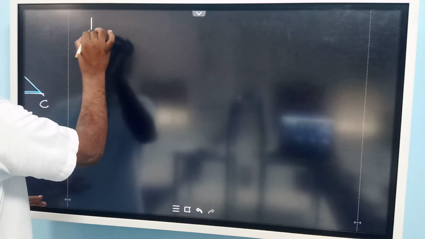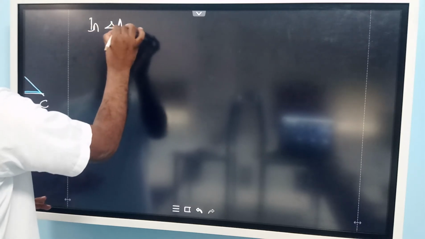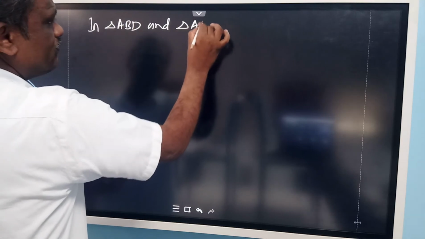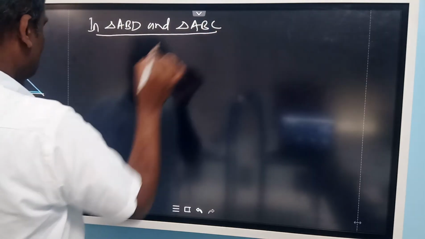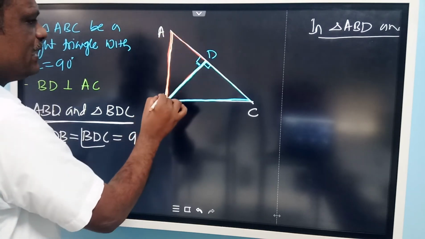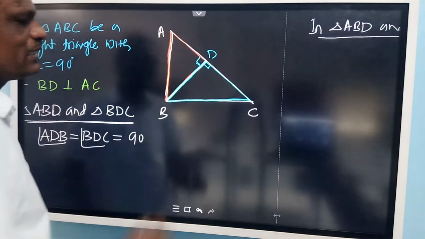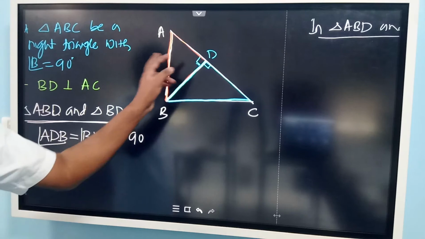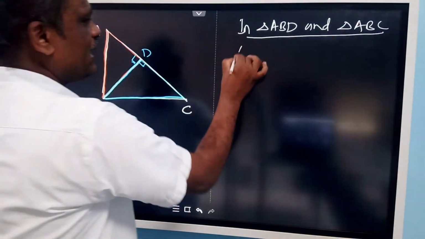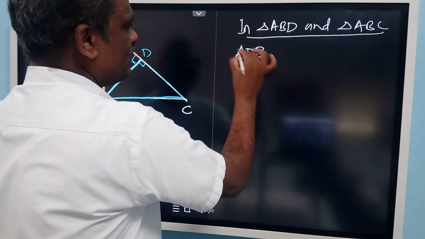In triangle ABD, this is the small triangle, and in the given triangle, the bigger triangle ABC, it is easy to prove. Now in triangle ABD, you have angle ADB equal to 90 degrees.